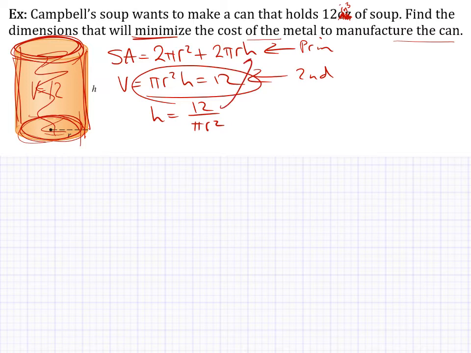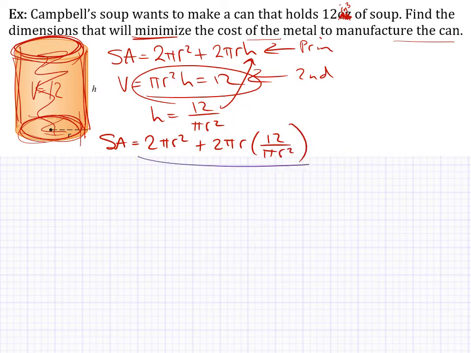We're going to take that and plug it into here. So our surface area equation becomes 2 pi r squared plus 2 pi r times 12 over pi r squared. Notice now we have a single variable r in our surface area equation that we're trying to minimize.